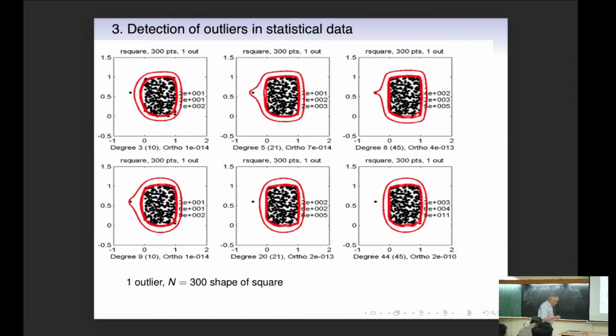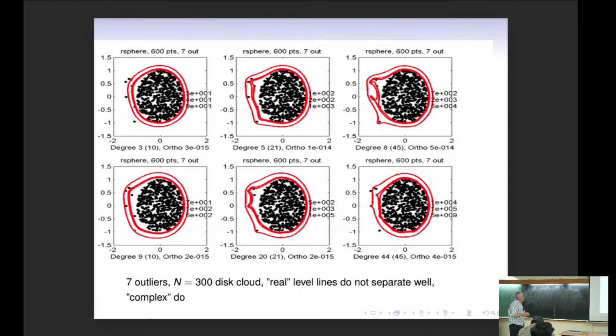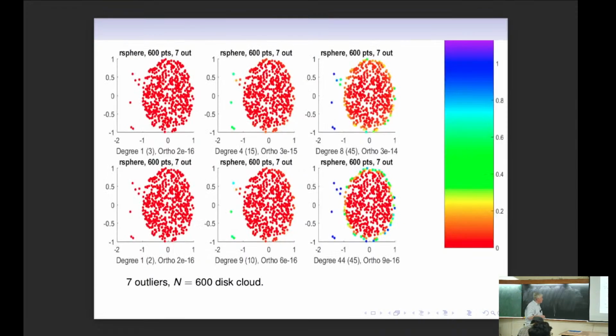And there are, of course, many experiments. I show you only a little part of this. If you go up to 600, you can for sure detect the outliers and the gap between the cloud and the outliers.